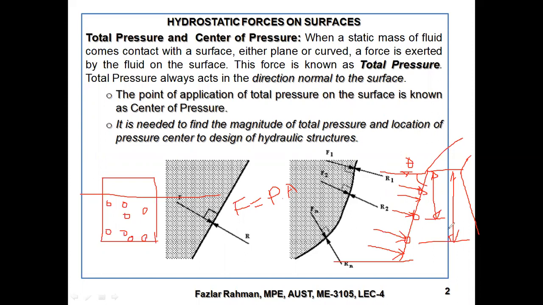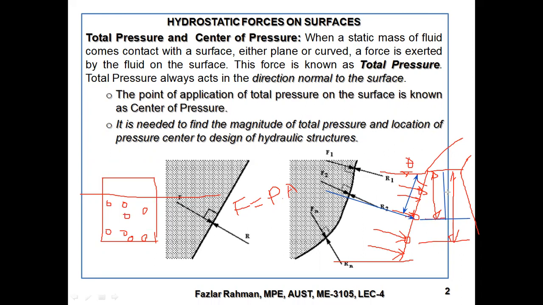So what will be the resultant? I am thinking that the resultant force on this inclined surface works right over here. How much is the inclined distance of this resultant force from the top surface? Or if you think in terms of vertical distance, then how much will this distance be? That we need to figure out.